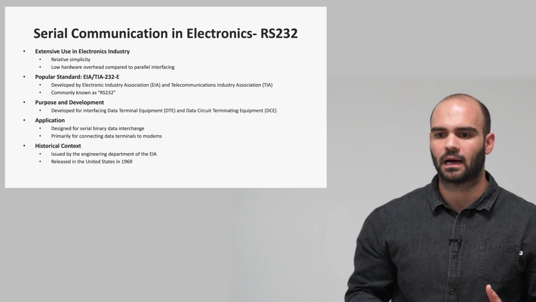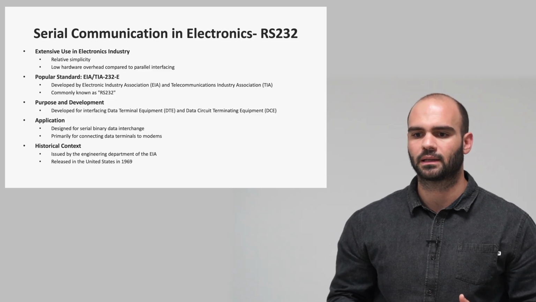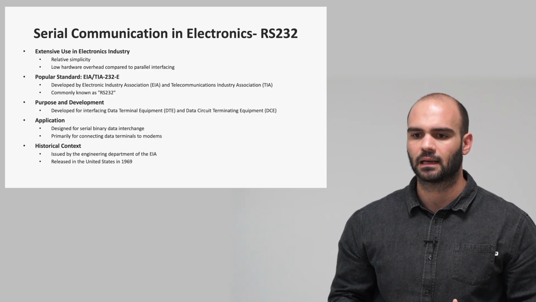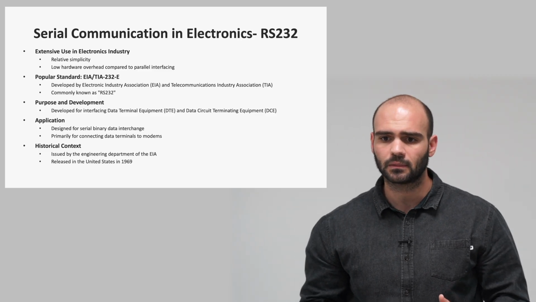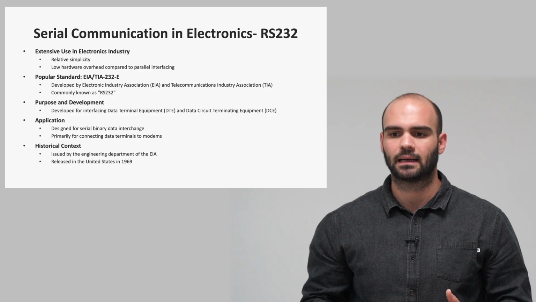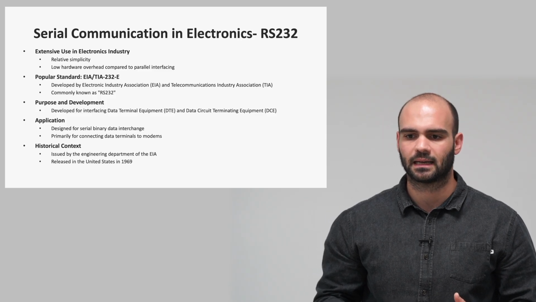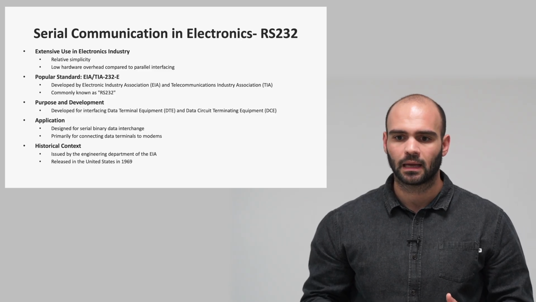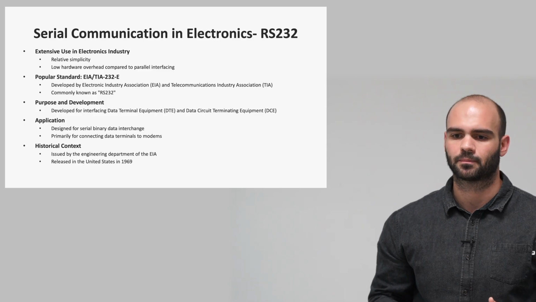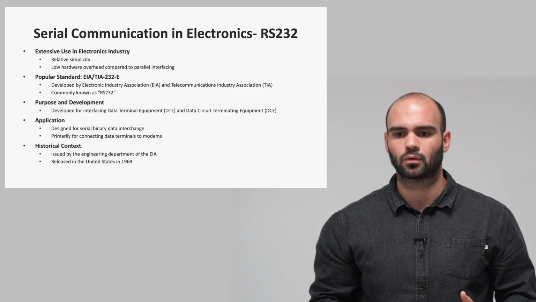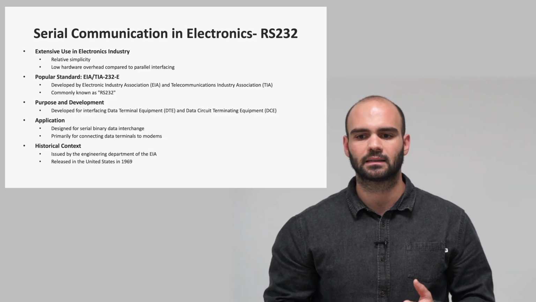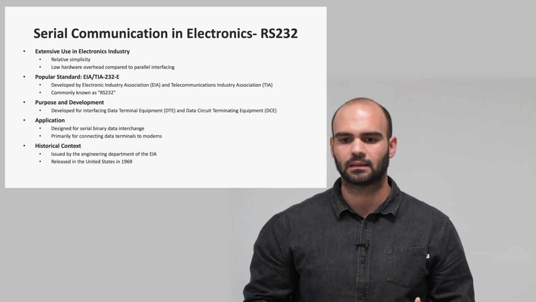The main purpose of RS-232 was to allow communication between data terminal equipment, like computers, and data circuit-terminating equipment, like modems. It was first introduced back in 1969 in the United States and quietly became a foundation for many communication systems. Even though newer standards exist today, RS-232 is still used in many industrial and embedded systems due to its reliability and simplicity.